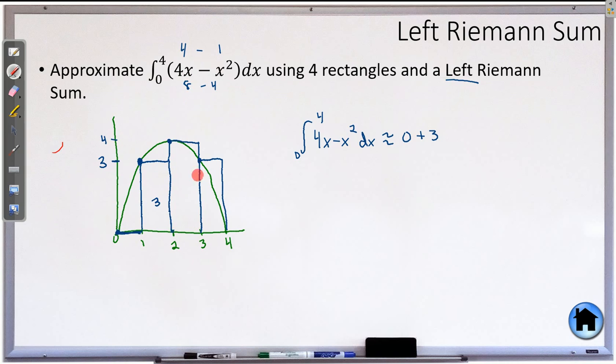So it will be 1 times 4, so that area is 4. Plus this area here, 1 times that one is back down to 3, and so that area will be 3 plus 3. So 3 and 3 is 6, and 4 is 10. So the area underneath that curve is approximately 10.